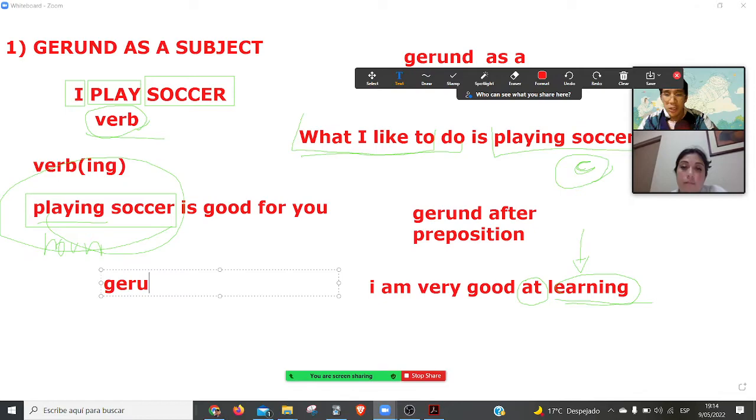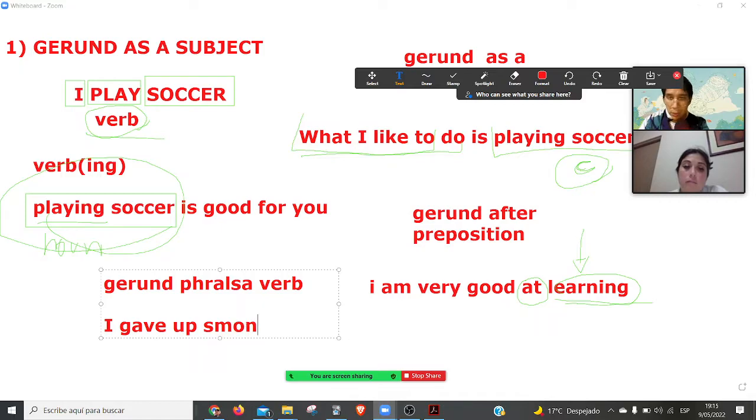Then we have gerund after a phrasal verb. For example, I gave up smoking. After the phrasal verb, you have to use the gerund because this is a particle, and after the particle, you have to use the ing.